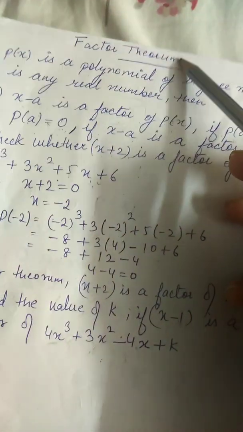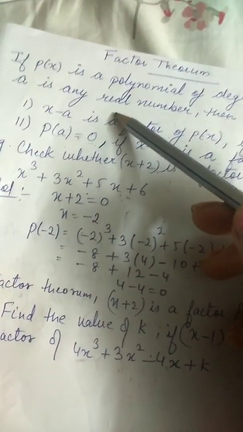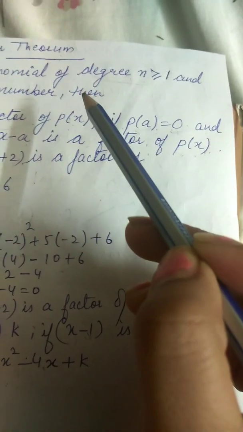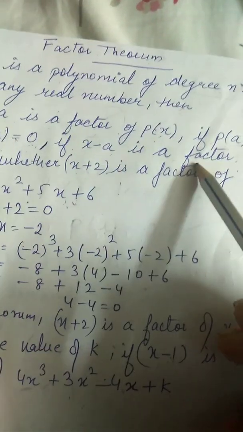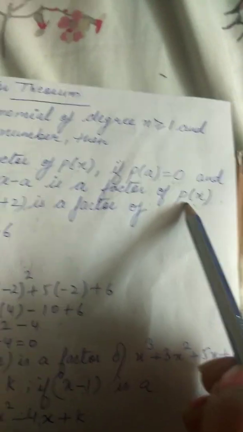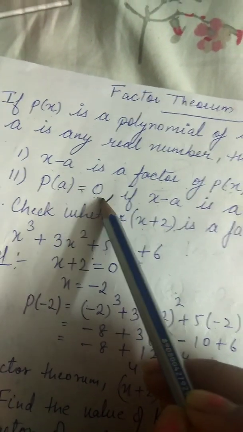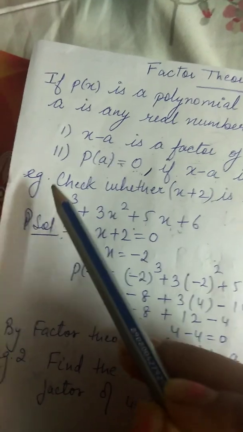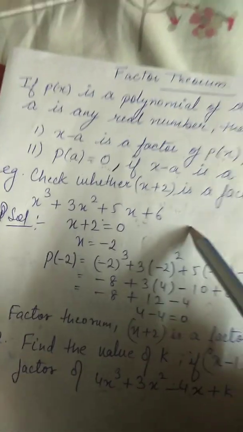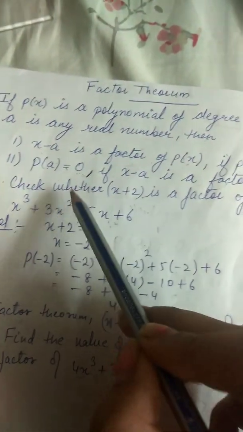Children, factor theorem has two parts. First part is, if P of a is 0, then we can say that x minus a is a factor of P of x. And the other part is the converse of the first part. That means, if x minus a is a factor of P of x, then we can say that P of a is 0. Now, in the first example, which part have we used? Here we have to check whether this is a factor or not.